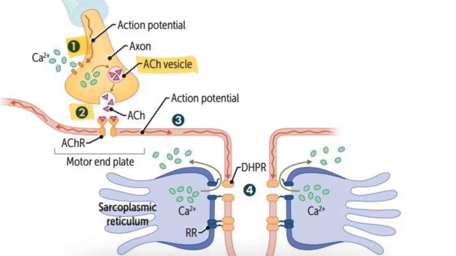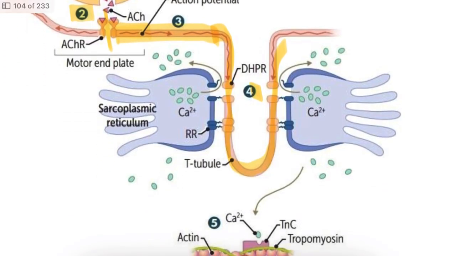In step 2, the propagation into the T tubules, the action potential travels down the T tubules, which are invaginations of the sarcolemma.